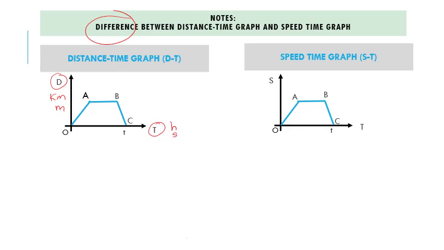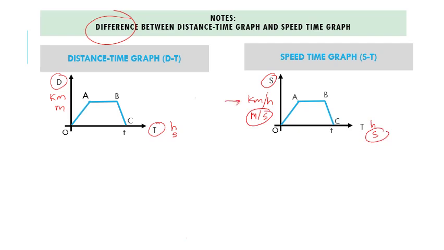And for speed time graph, the unit will be kilometer per hour, the unit for speed, or meter per second. So the time will be in hour or in second, depending on which one. If meter per second, the time will be second.